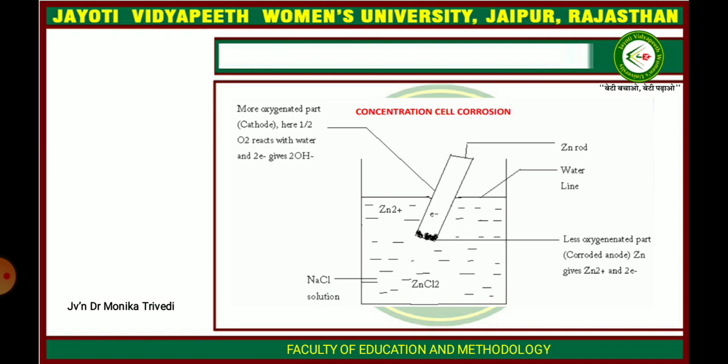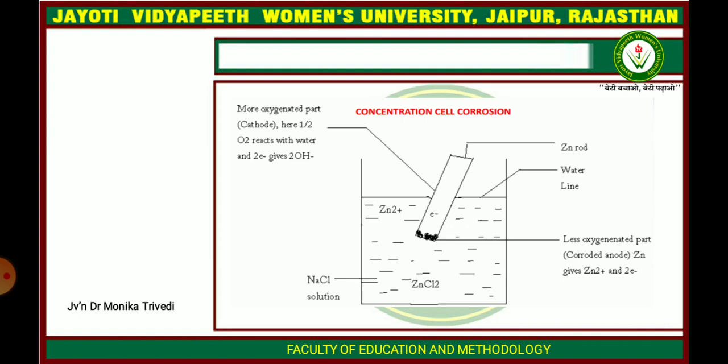This is the diagram of galvanic corrosion, where a Zn rod is present here, NaCl solution here, in which Zn2+ is present, and the less oxygenated part is the anode, where Zn gives Zn2+ and 2 electrons.